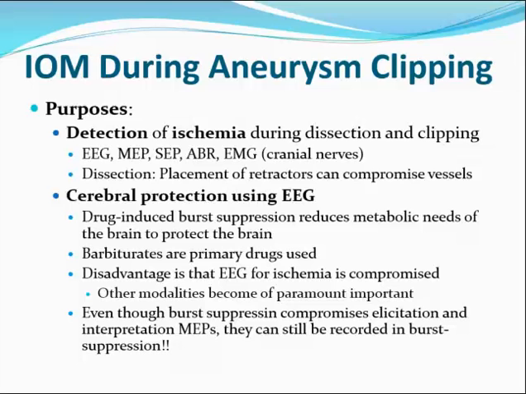Therefore, the metabolic rate is lower than it would be if it was not in burst suppression. Which means if blood does not flow to it at the rate that it is used to, you won't have necrosis or cell death as fast as you would have if it was metabolizing at its normal rate. So sometimes you may have a surgeon who asks the anesthesiologist, I need the patient in burst suppression, please. I'm about to clamp.